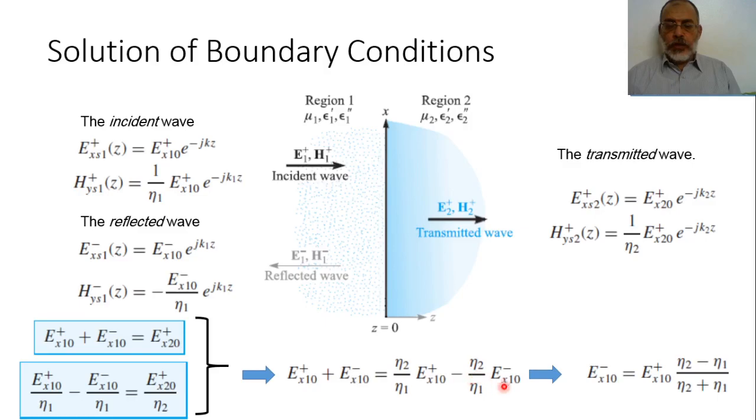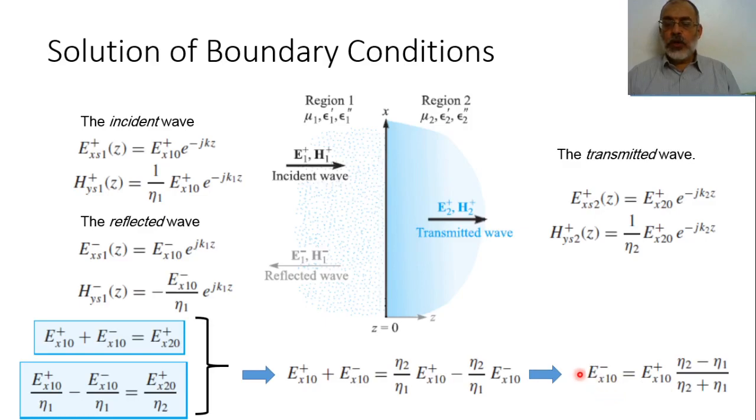As I said, we are going to move this to this side, so it would be Ex10 minus multiplied by 1 plus eta 2 over eta 1, and here we move this to the other side, so it would be Ex10 plus multiplied by eta 2 over eta 1 minus 1. So in this case, this would be eta 2 minus eta 1 over eta 1, and this would be eta 2 plus eta 1 over eta 1. So we can find out this relation.